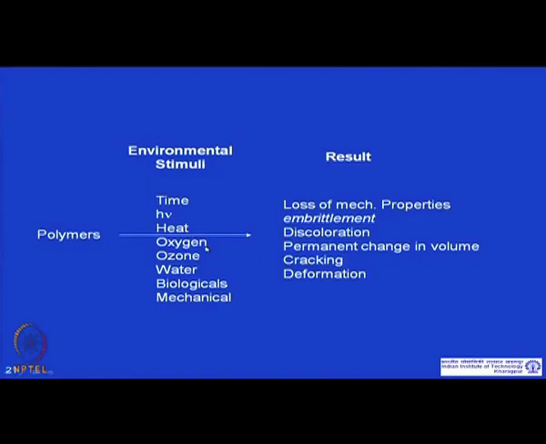Any outdoor plastic materials come across UV light, outdoor heat, rain, and the bacteria and viruses present, in the oxygen of the environment. Combined, we call that weatherability.